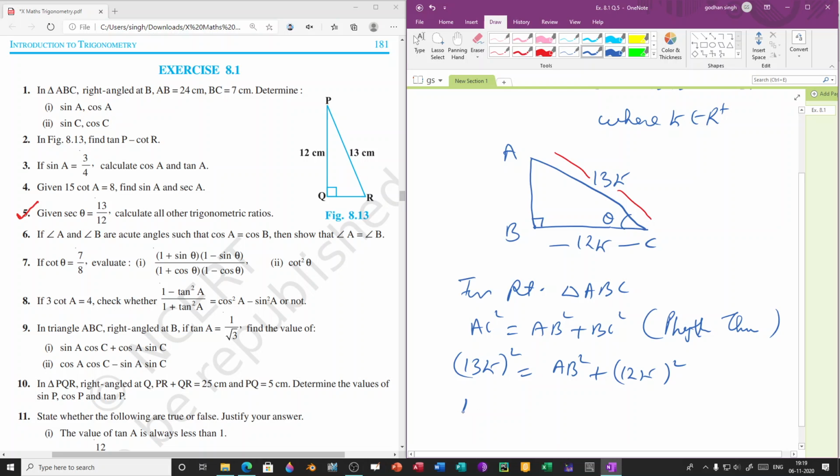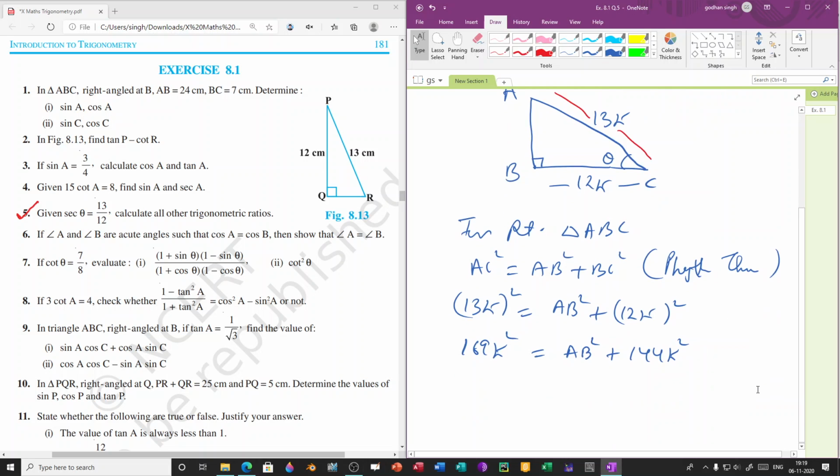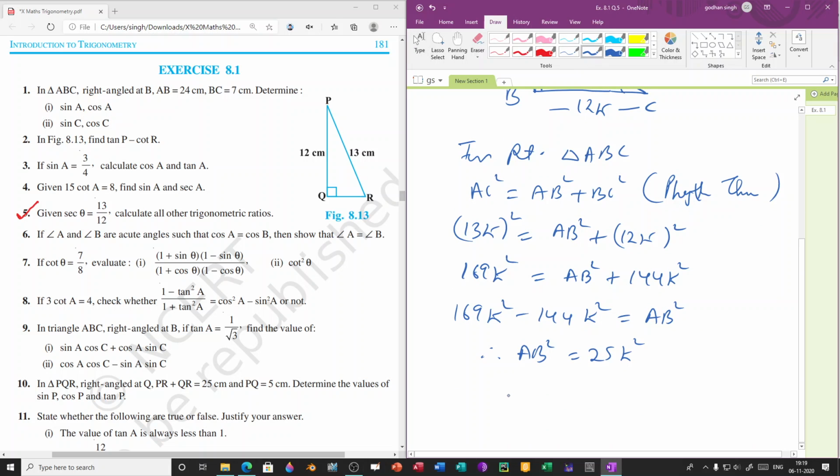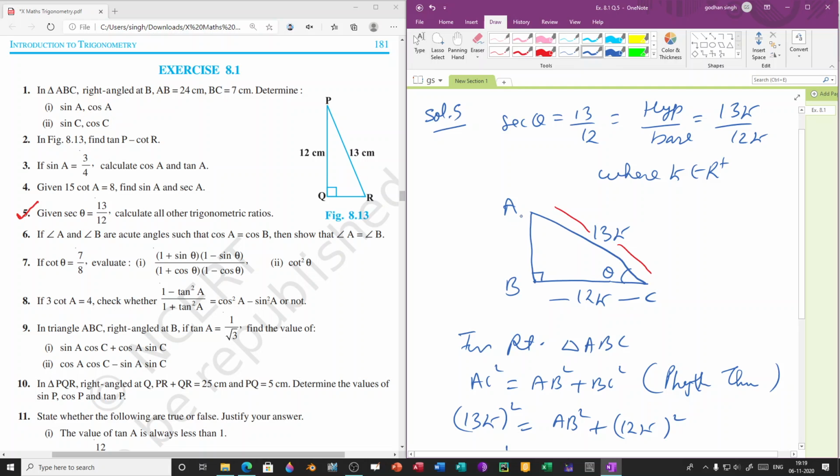This will give us square of 13 is 169K square equal to AB square plus 12K whole square is 144K square, and simplifying this, we'll be getting 169K square minus 144K square equal to AB square. Therefore, we can say that AB square is equal to, subtracting these, we get 25K square. Now taking square root both sides, we'll be getting AB equal to 5K. So here we'll be writing 5K.